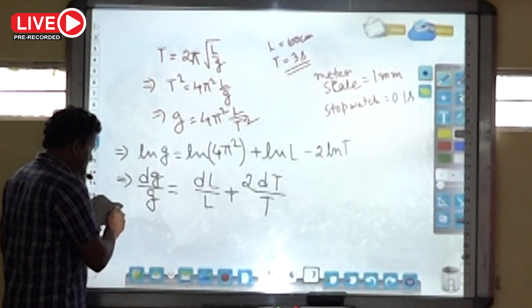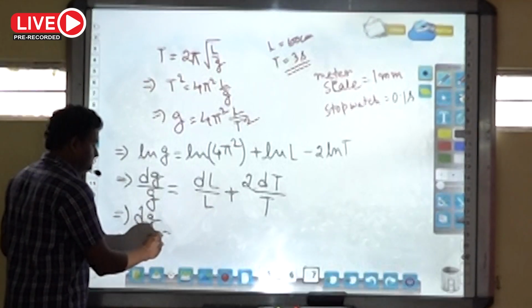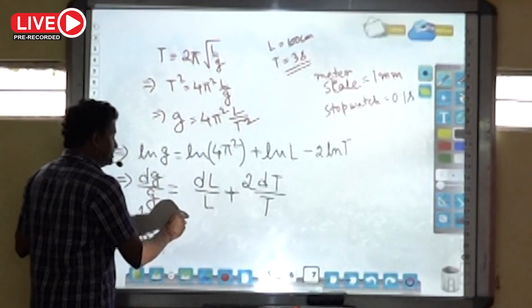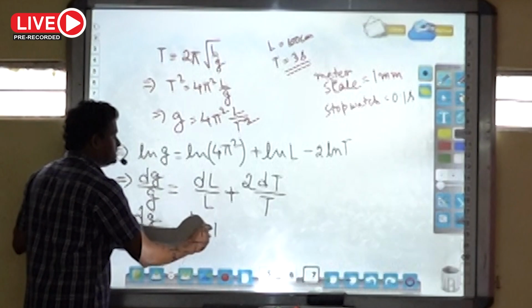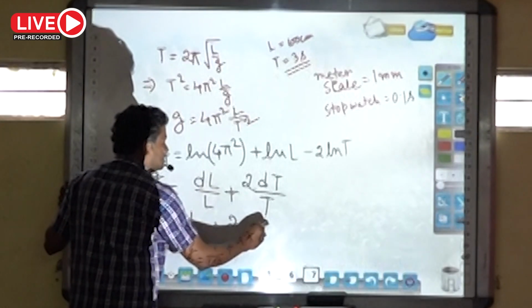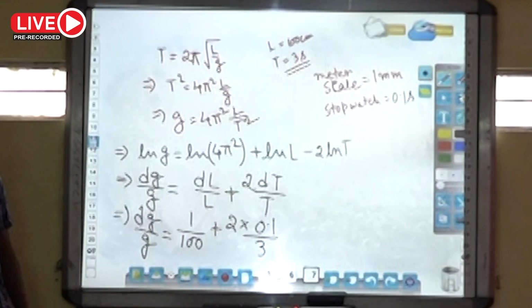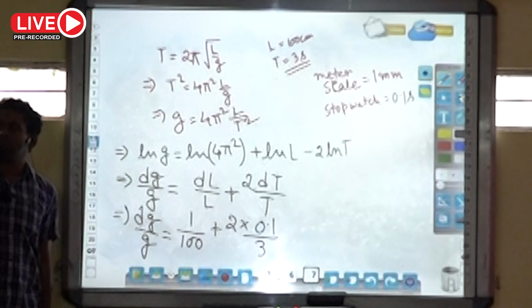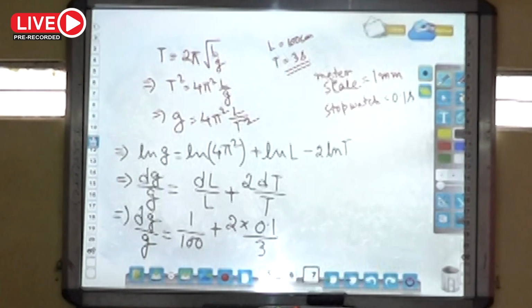So this dg by g will be equal to dl by L, where dl is the least count, 1 millimeter divided by 100, plus 2 into dt, 0.1 divided by 3. Now calculate. This will give you the proportional error, then multiplying both sides by 100 will give you the maximum percentage error.